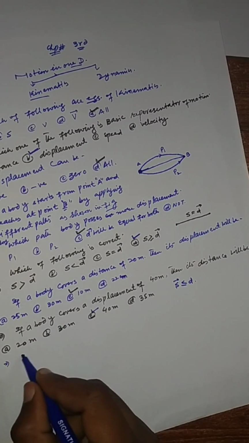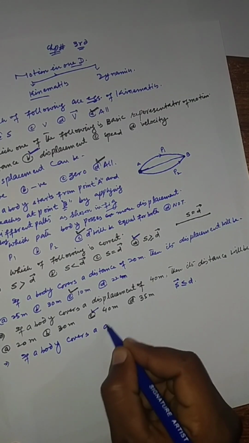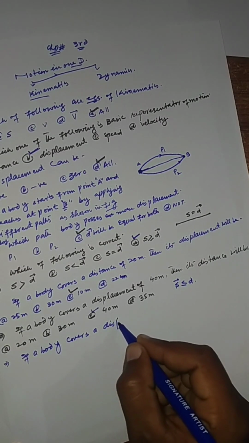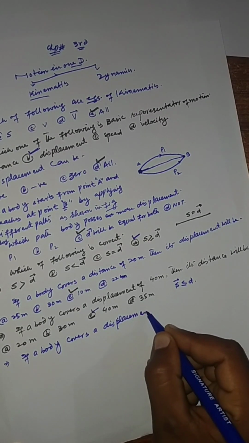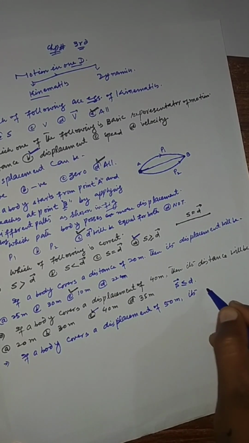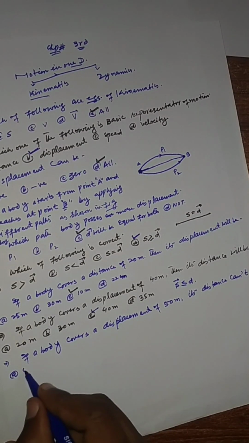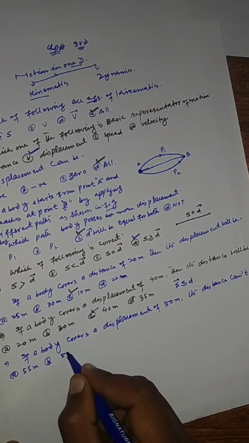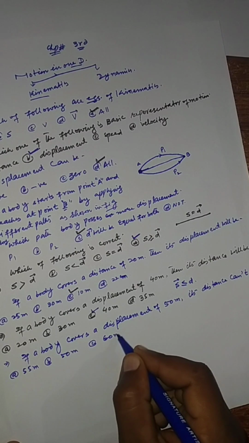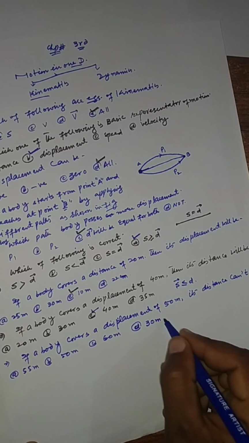Or if we say, if a body covers a displacement of let's say 50 meter, its distance cannot be... 55 meter, 50 meter, 60 meter, or option D, 30 meter.